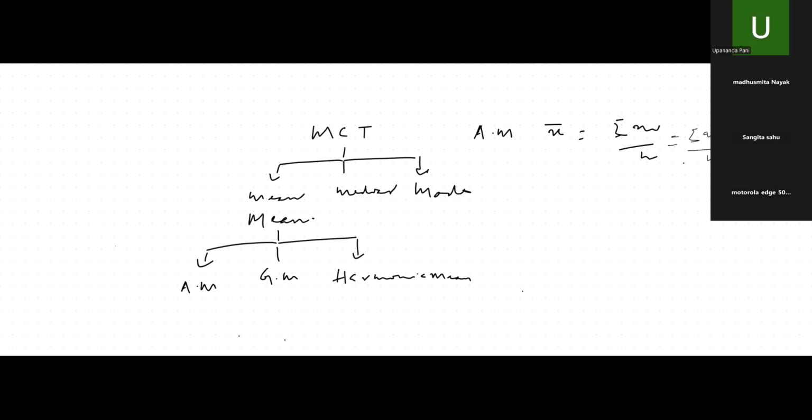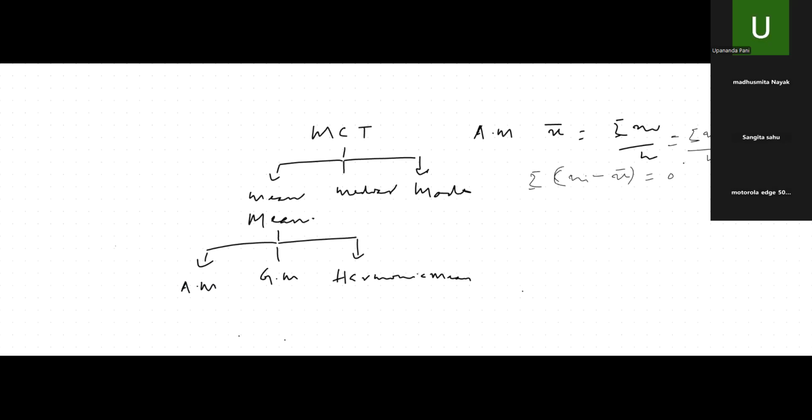Now we will not discuss how you can calculate it because this is not very difficult. Rather I will say one of the important properties of arithmetic mean, that is summation of xi minus x bar is equal to 0.